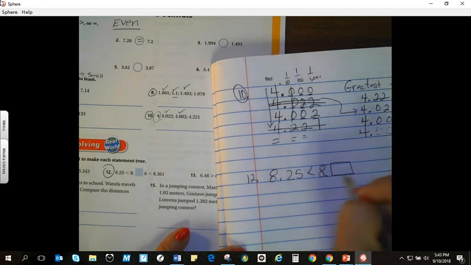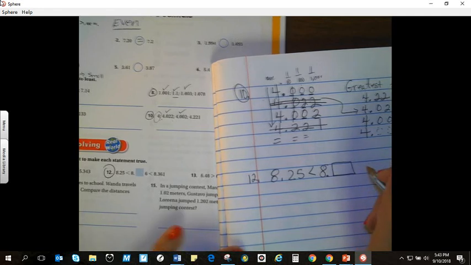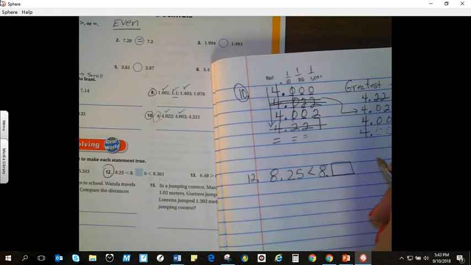And this number here will be less than, and then you're going to have any number that will go there.